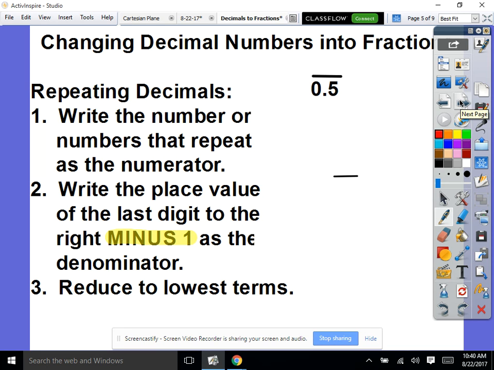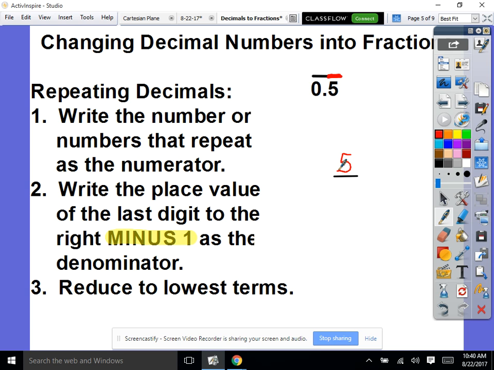To change a repeating decimal into a fraction, we write the number or numbers that repeat. And actually, this should just be the 5 that repeats. So if it looks like 0.5 on yours, change that. So we write that 5 as the numerator.